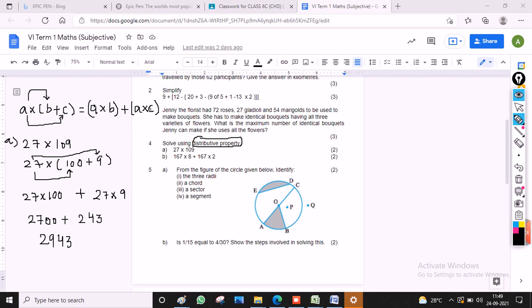Now for part B, the distributive property is also known as property of common. So let us first know what is property of common. It is exactly the opposite of what we have done. That means this is done from left to right, then this is from right to left.